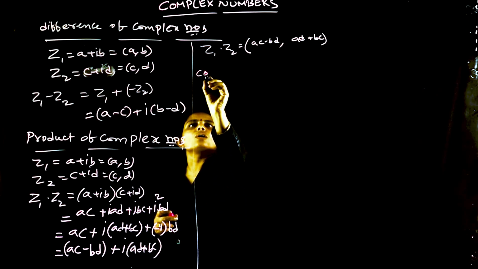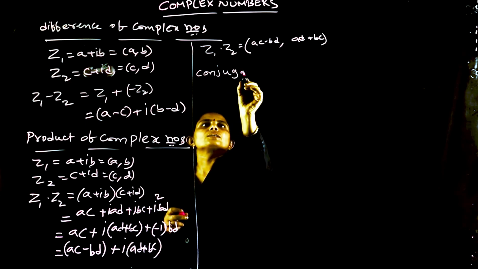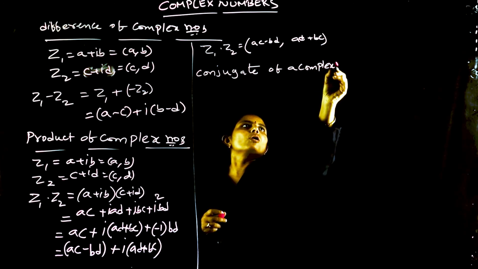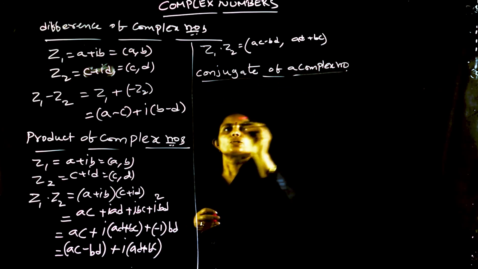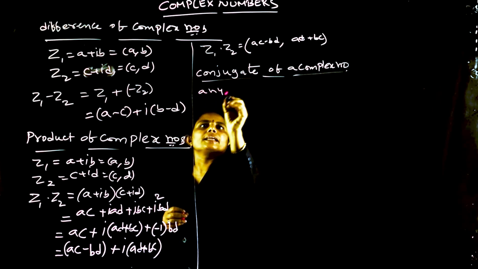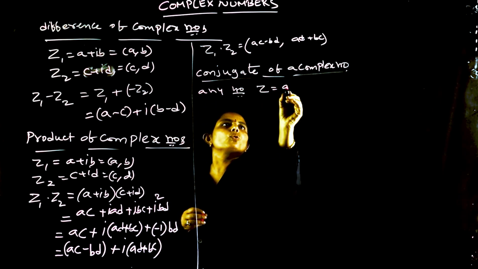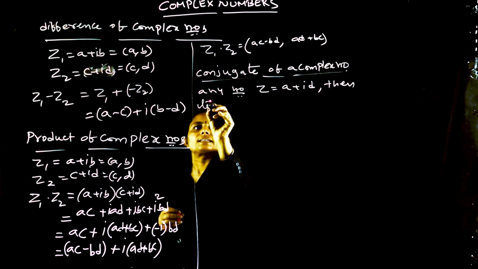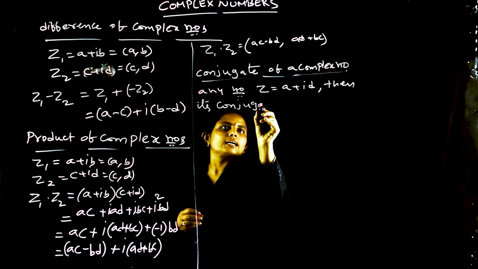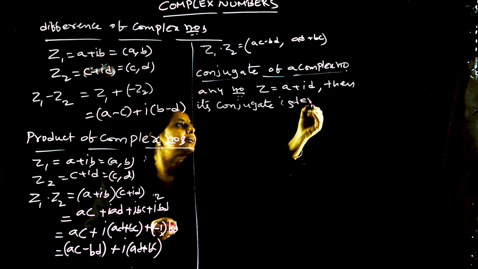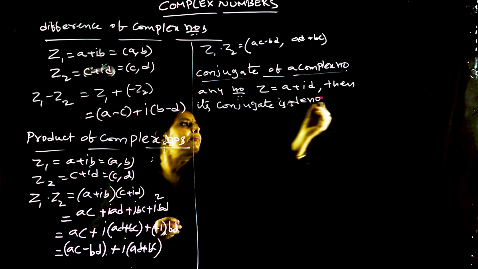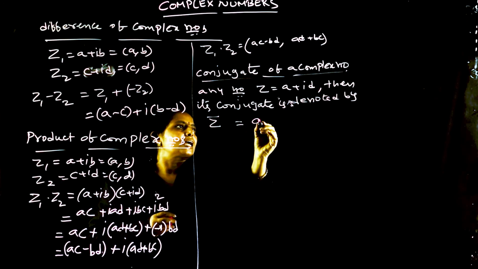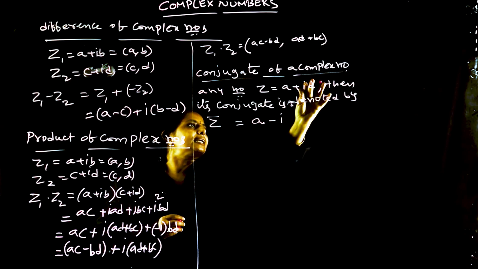Now, let us see conjugate of a complex number. So, what is conjugate of a complex number? Any number z equal to a plus ib, then its conjugate is denoted by z bar, and it is defined as a minus ib.